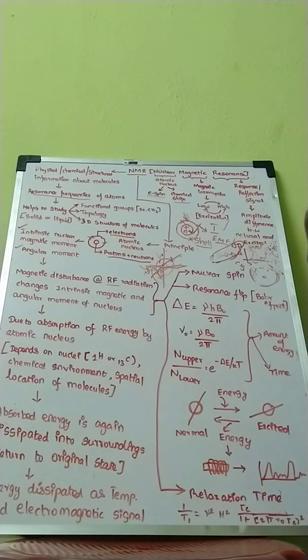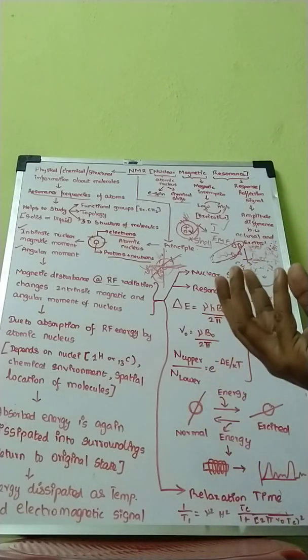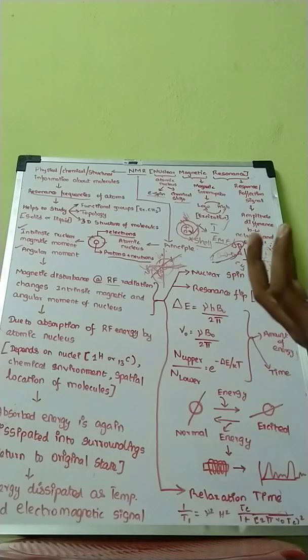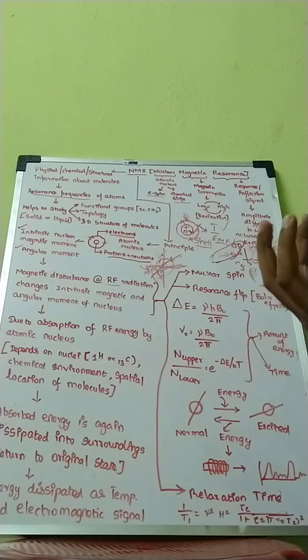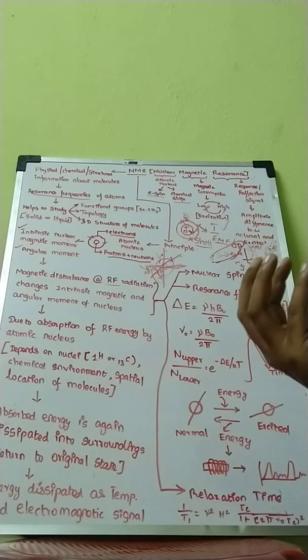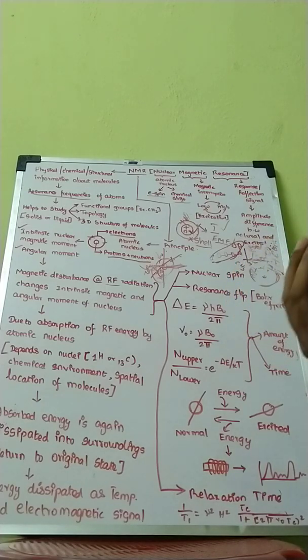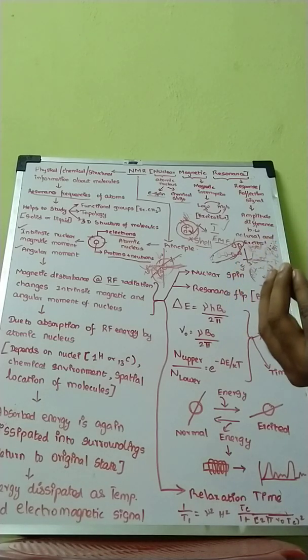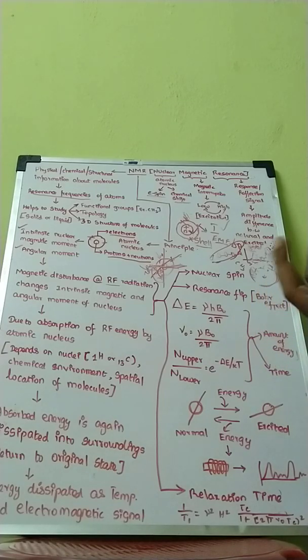If it is kept in ethanol, it may be absorbing energy at another level. Or in the third aspect, location of the molecule. For example, if I am studying the structure of a protein, the protein is made up of amino acids. The amino acids are made up of carbon, nitrogen and oxygen. So if I am studying one particular hydrogen located at the 133rd location of a protein molecule, it may be absorbing energy in one condition.